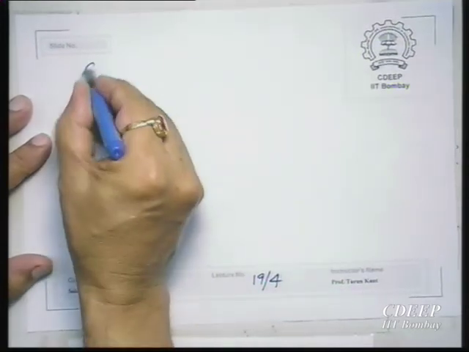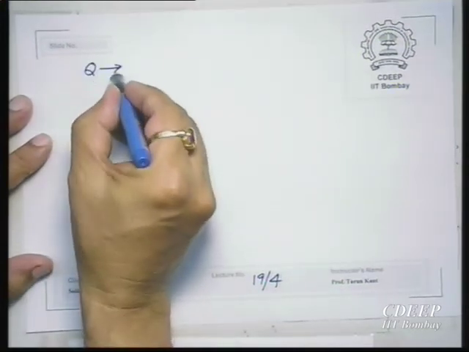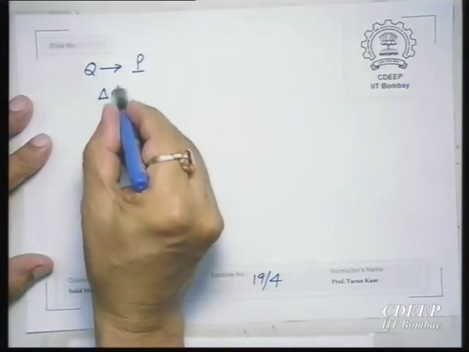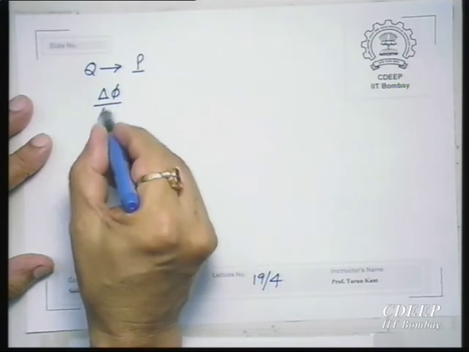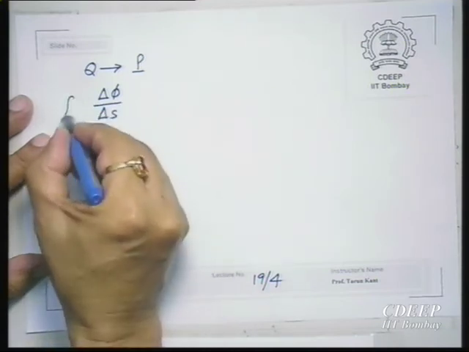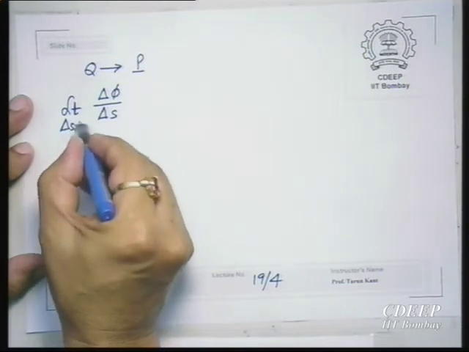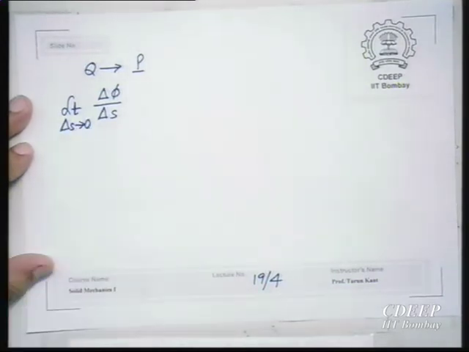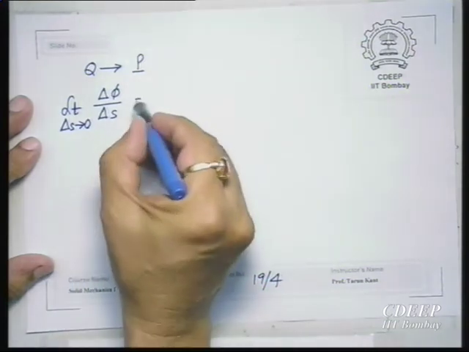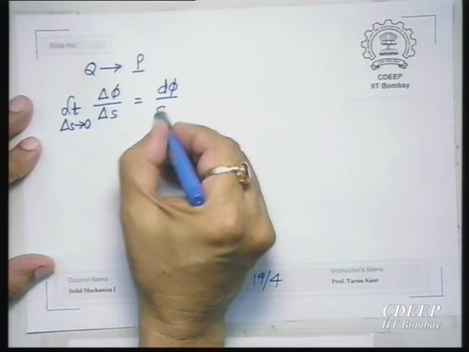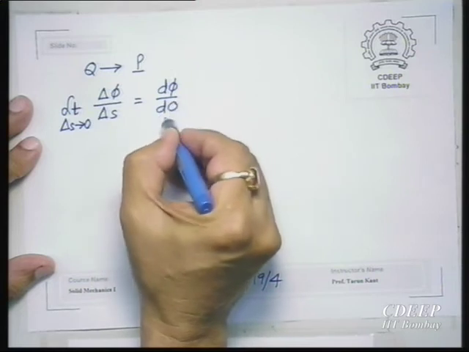If point Q comes very close to P, that means if I take d phi by ds, and take the limit of that as delta s tends to 0, that is how Q will come closer to P. This is defined in our differential calculus as d phi by ds. This is the basic definition of d phi by ds.